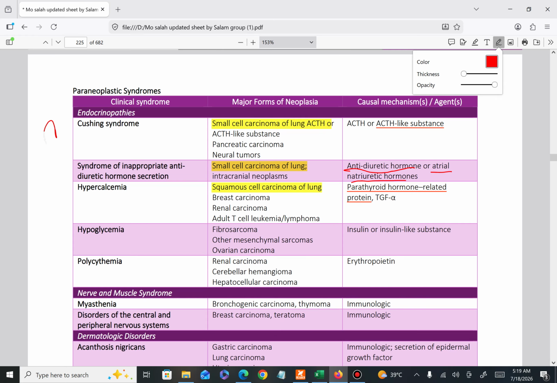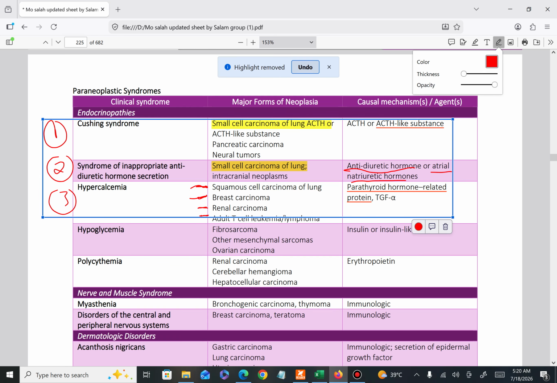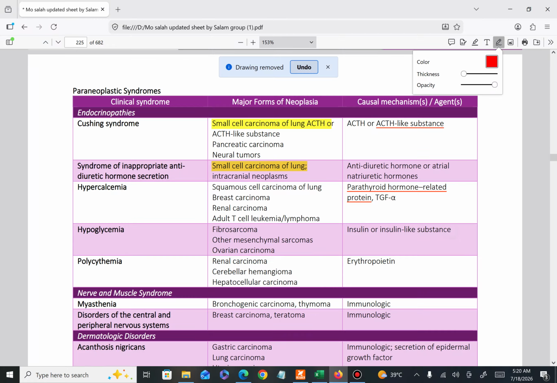Then the third is hypercalcemia. The neoplasms associated with this condition are squamous cell carcinoma of the lung, breast carcinoma, renal carcinoma, and adult T cell leukemia. The hormone secreted is parathyroid hormone related protein.